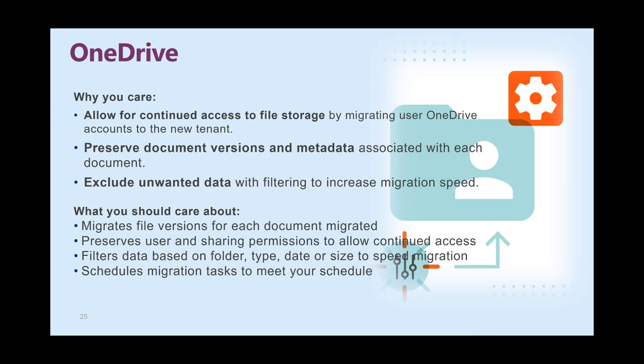Because in OneDrive, usually everybody uses it for sharing. I've never seen a person who is not sharing with OneDrive. And with OneDrive, you're sharing with internal colleagues or externals and so on. And you should think about choosing a migration tool which can migrate the permissions and the sharing configuration.